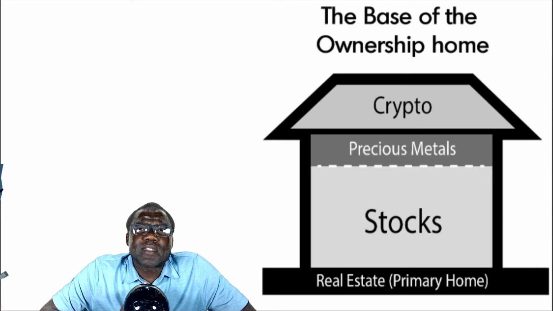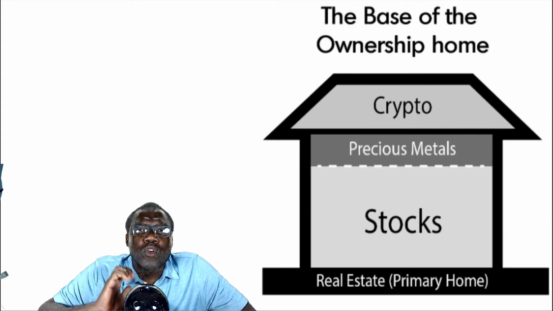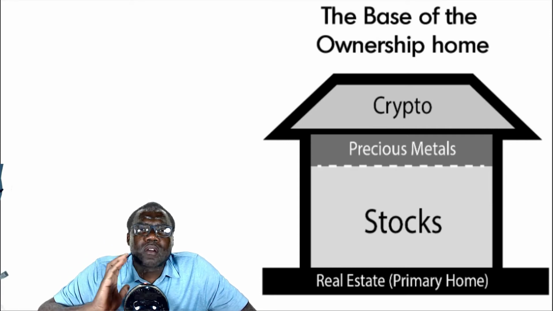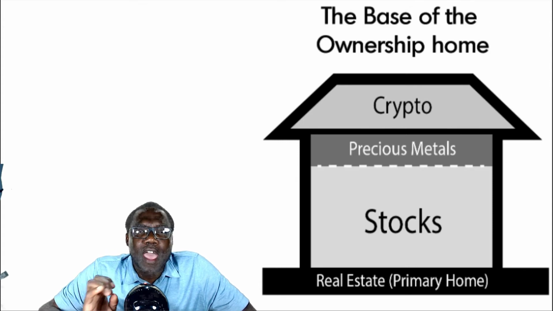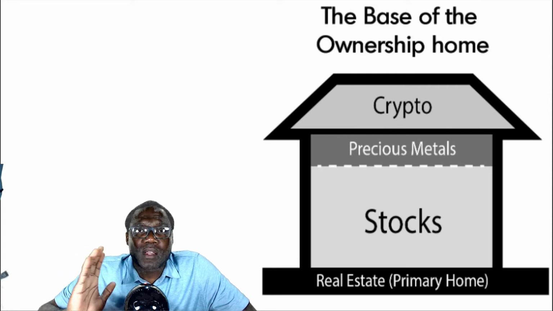Now, the second reason why I think you should make home ownership the base of your financial future or your asset ownership journey is because of the massive leverage in real estate. With the FHA loan, you can actually buy a house with only 3.5% down, and you get the other 96.5% in the form of a loan, and it's a loan that is insured by the government.